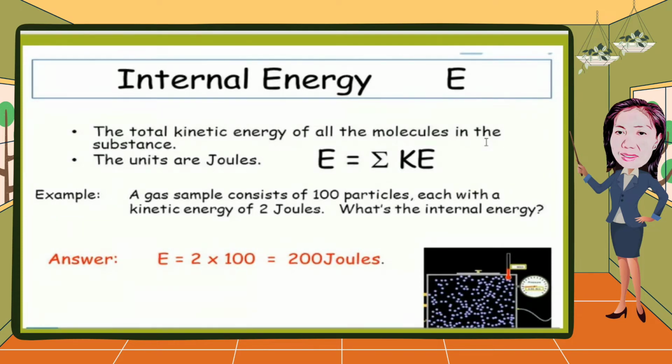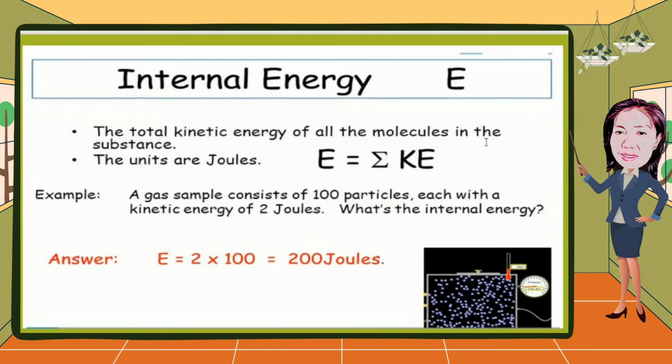Okay? So the equation for internal energy, or the total kinetic energy of all molecules, is E equals the summation of kinetic energy. So how do we solve the total kinetic energy?